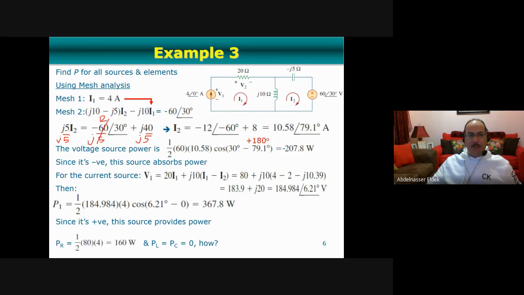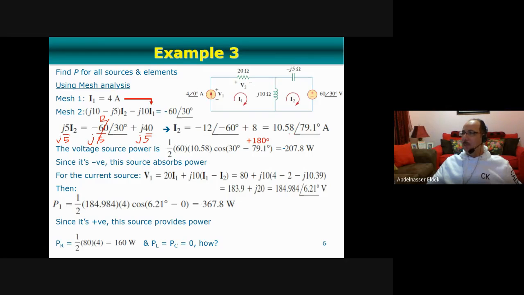And this J, when you divide by J, is as if you multiply by negative 90 degrees, or add a negative 90 degrees in phase. Because J is 90, in the denominator, if you move it up, it will be negative 90. You add it to 30, and it will be negative 60.